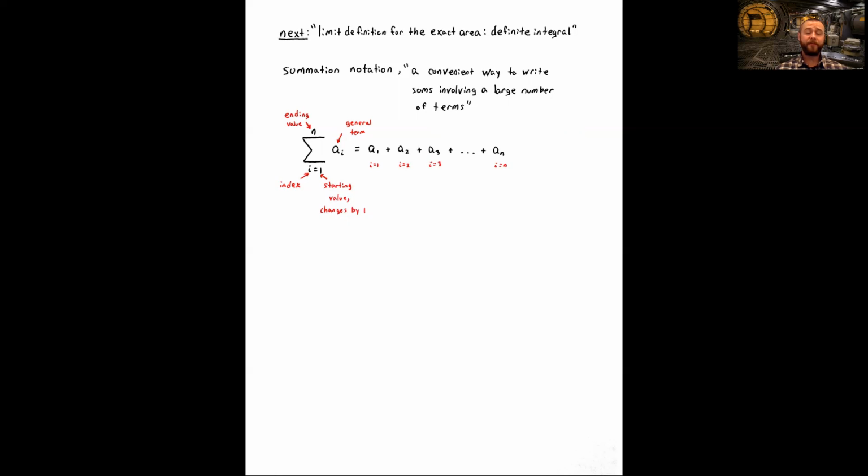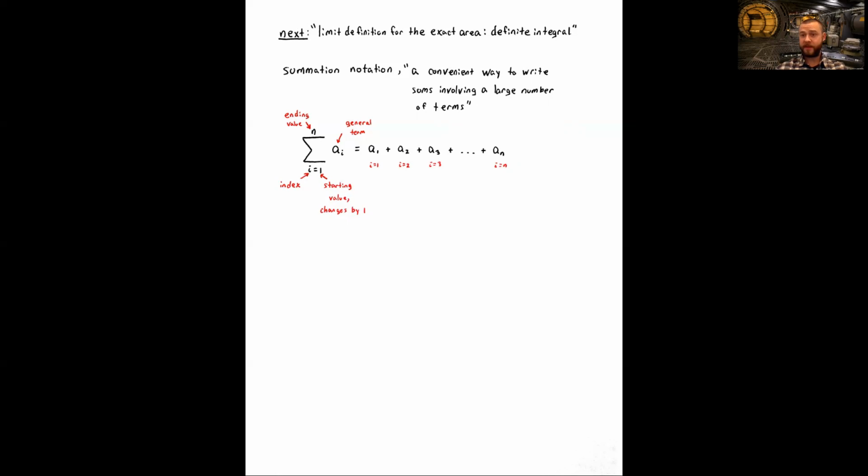At the top of the summation sign is n, denoting the ending value for the index. The part to the right of the sigma sign, a sub i, is what's referred to as the general term, indexed here with i.